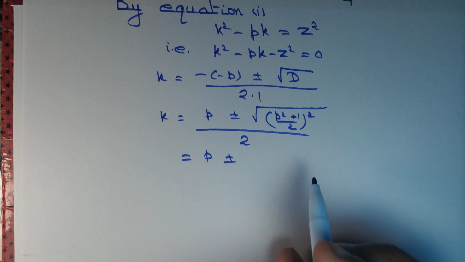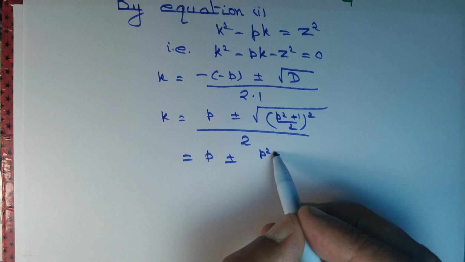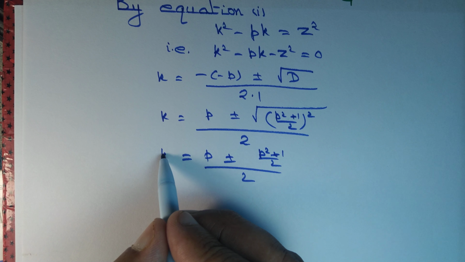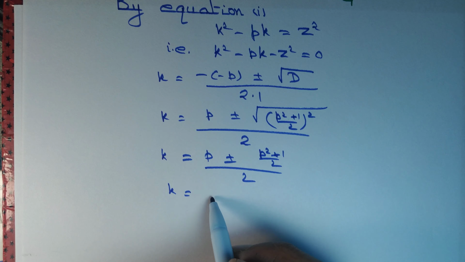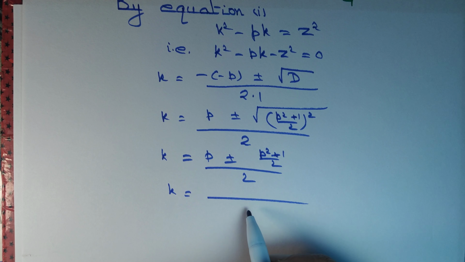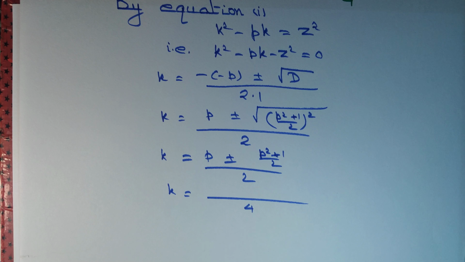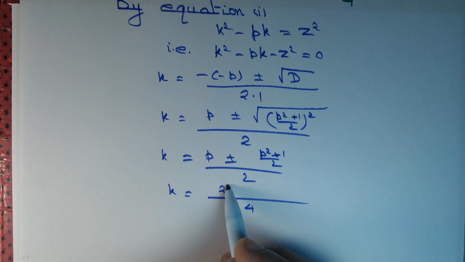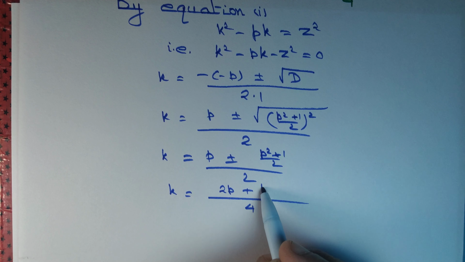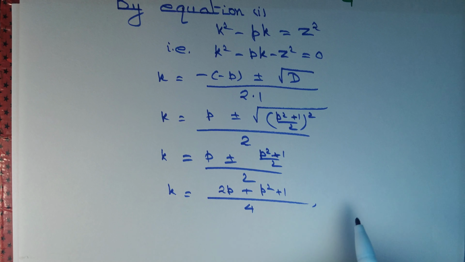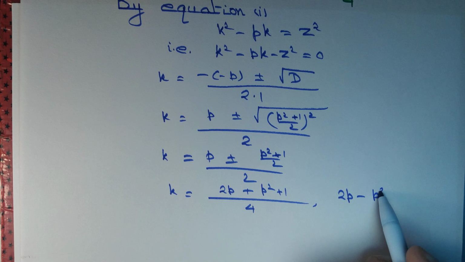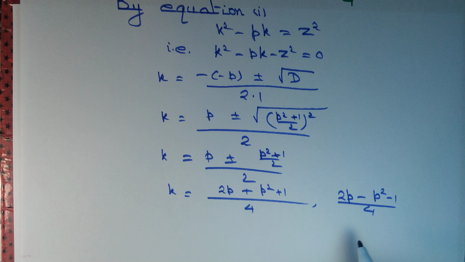So we'll be left with (p square plus 1) by 2 by 2. Okay, we can take LCM and that will turn out to, we then further multiply by 2, and we'll get 4 in the denominator. So (2p plus p square plus 1) comma (2p minus p square minus 1), by 4.